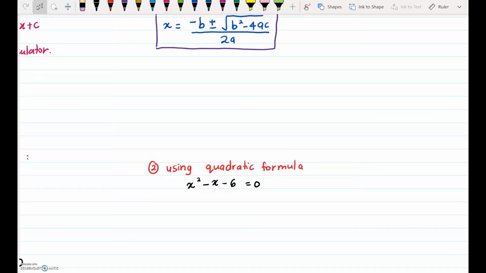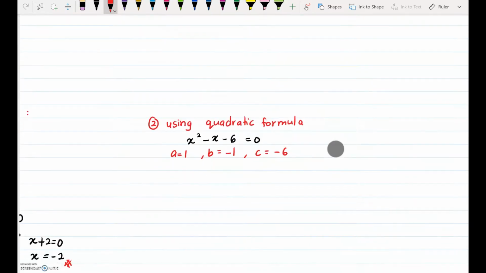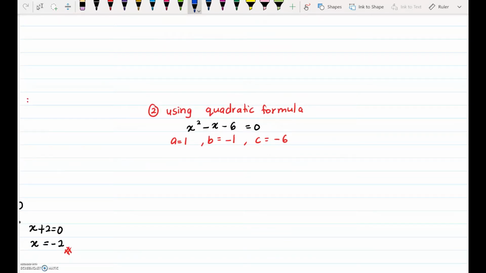So we have your a is 1, your b is negative 1, and your c is negative 6. You just substitute in your formula: x equals to negative b plus minus square root of b squared minus 4ac divided by 2a.